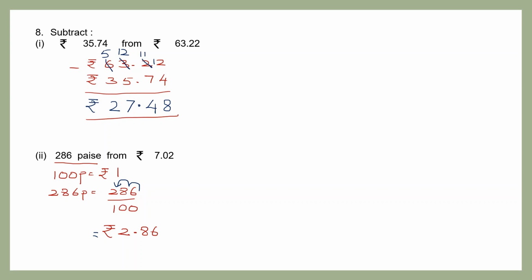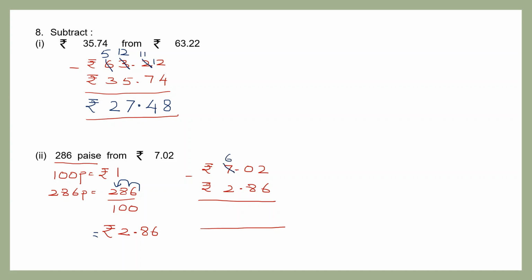Now I can subtract. So let's write the second number first. So here I have rupees 7.02 and the other one is rupees 2.86. Let's subtract. 2 minus 6 I cannot do. I need to borrow all the way from 7.